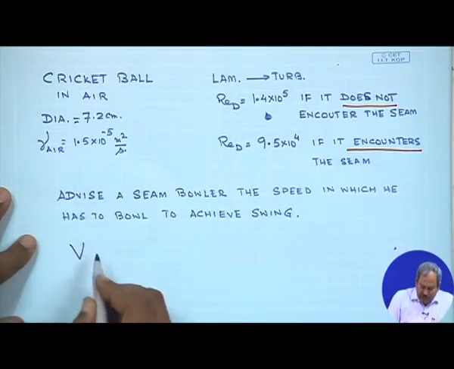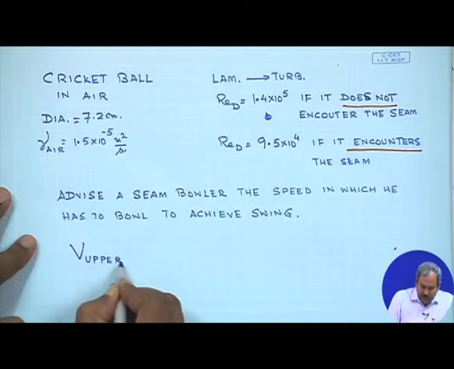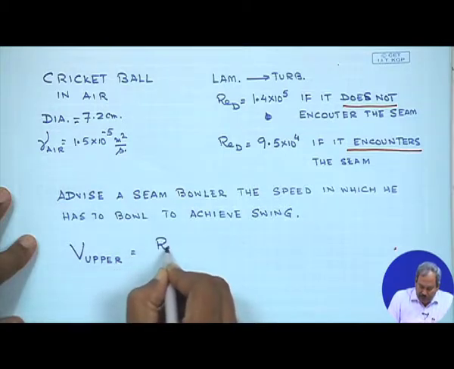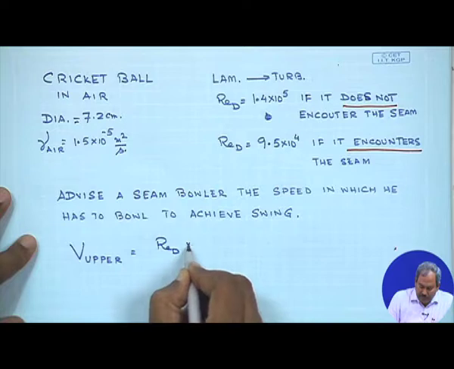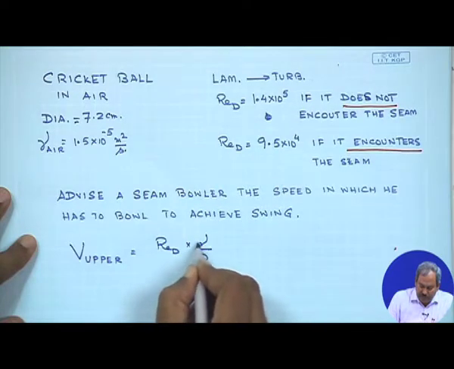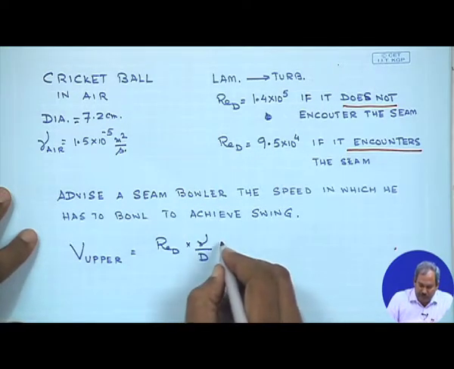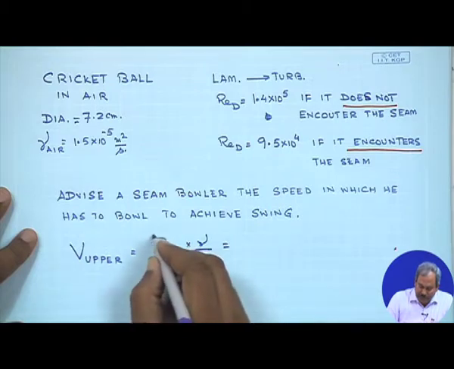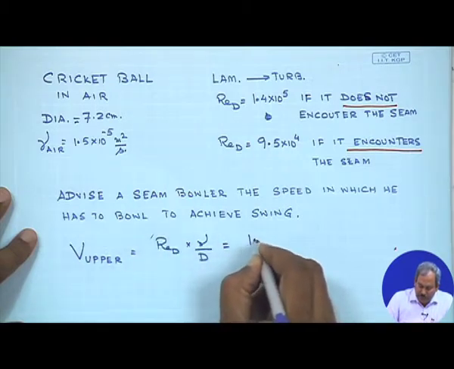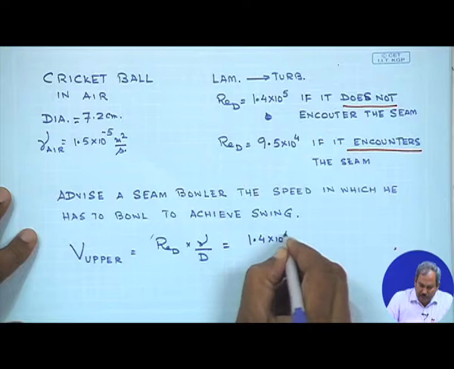So, obviously, the upper bound of the velocity would be the corresponding Reynolds number multiplied by nu divided by d. This nu is the kinematic viscosity, and we know that the upper bound would be 1.4 into 10 to the power 5.